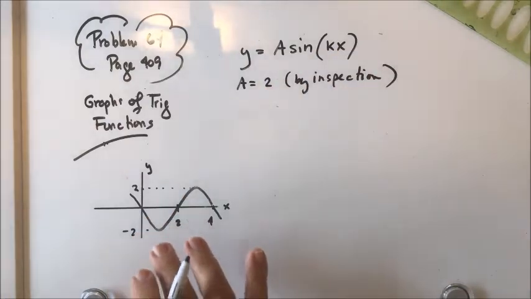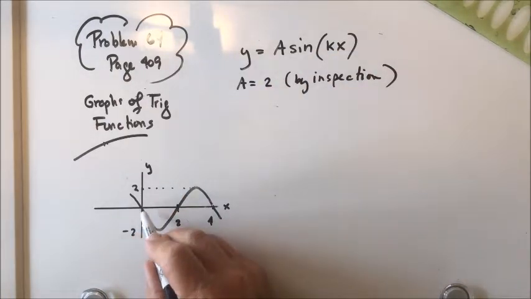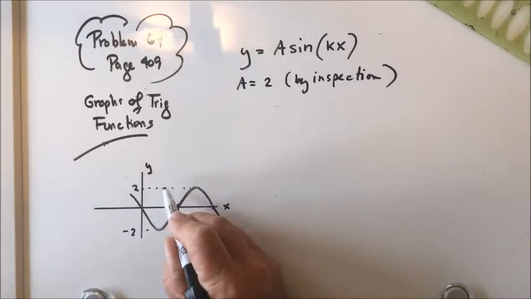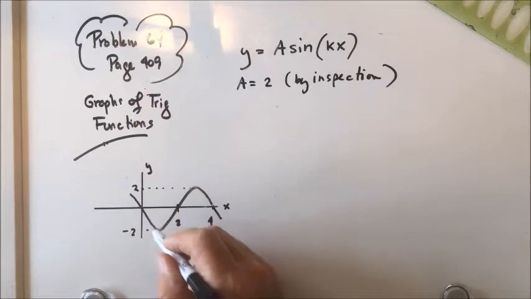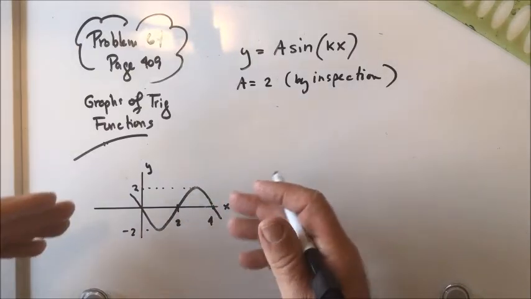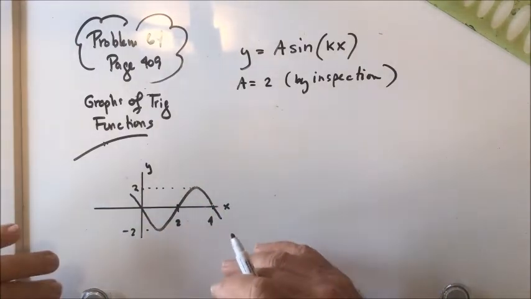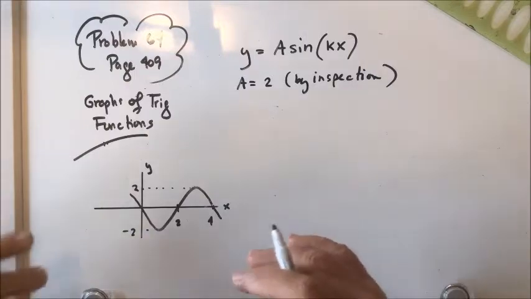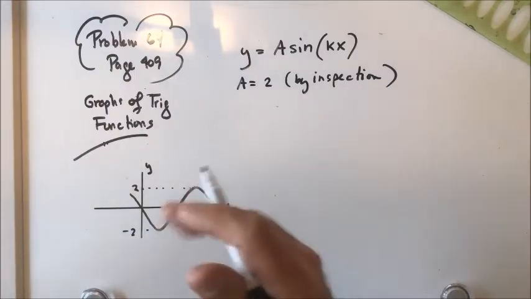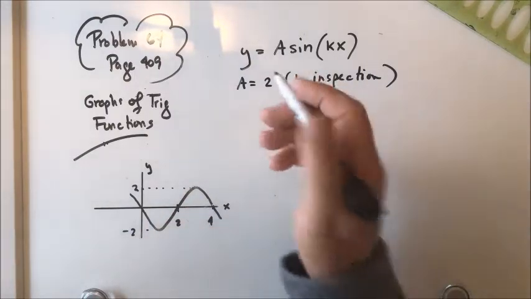But the other issue here is that the sine of x starts at 0, 0 and goes up, whereas this graph starts at 0, 0 and goes down. So the sine has been flipped around the x-axis, which is what happens when you multiply by a minus sign.